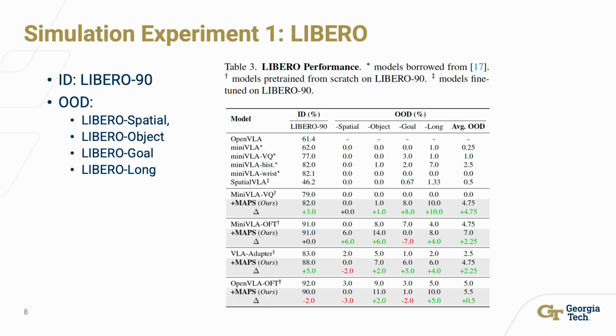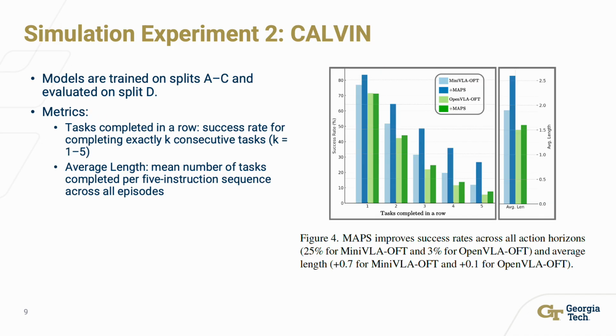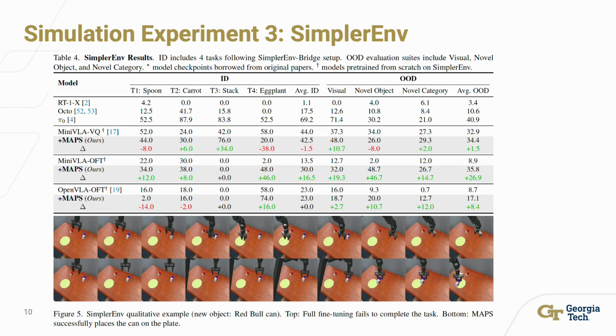On LIBERO, MAPS demonstrates equal ID performance to vanilla fine-tuning but improves average OOD performance across the board. On CALVIN, MAPS improves the number of intermediate tasks completed and average length of instructions within a 5-instruction sequence. On SimplerEnv, MAPS demonstrates equal average ID performance but better OOD performance across the board.